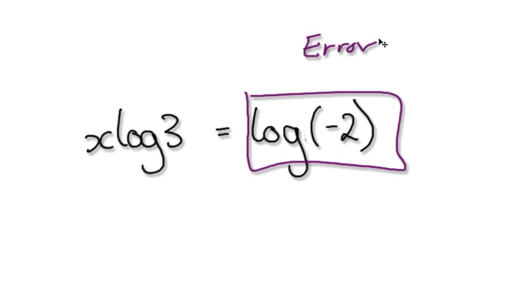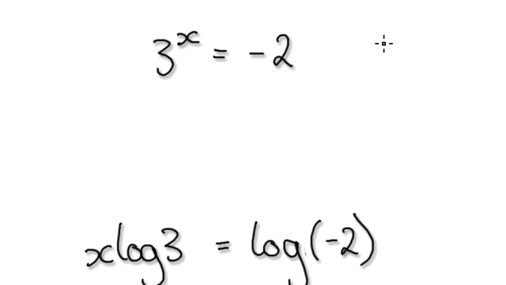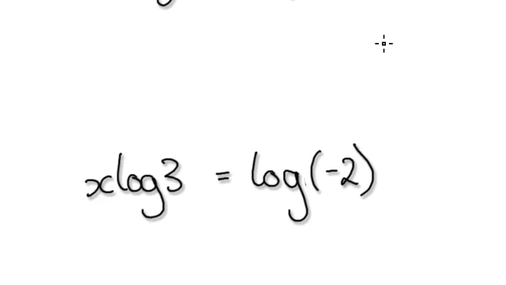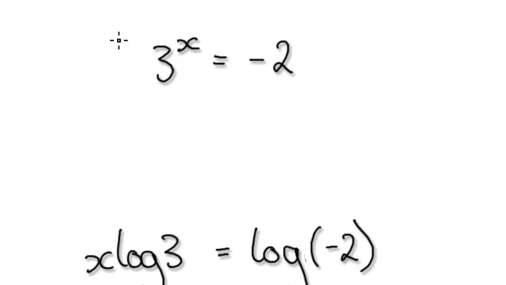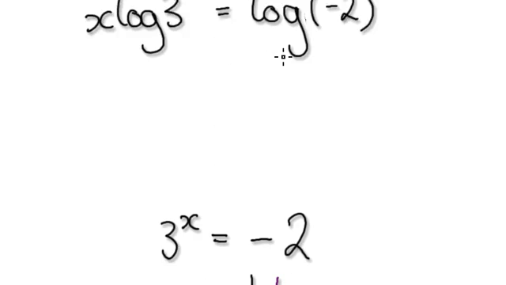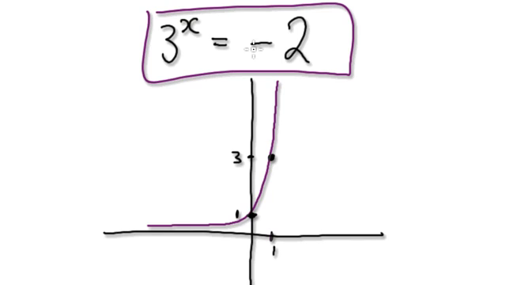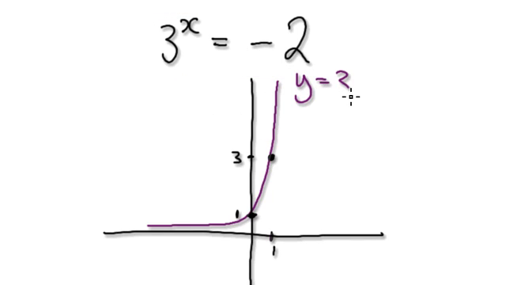And the reason for that is, well, let's just go back to the original question here. 3 to the power of what equals minus 2? Well, if you sketch a graph of y equals 3 to the power of x, when x is 0, this will be 1.